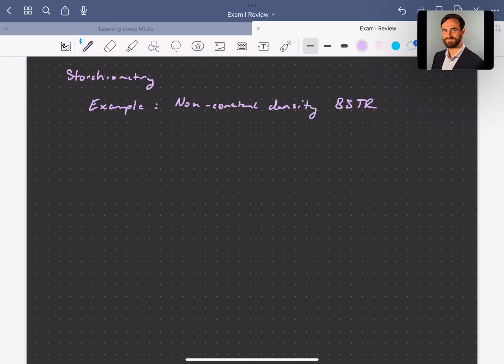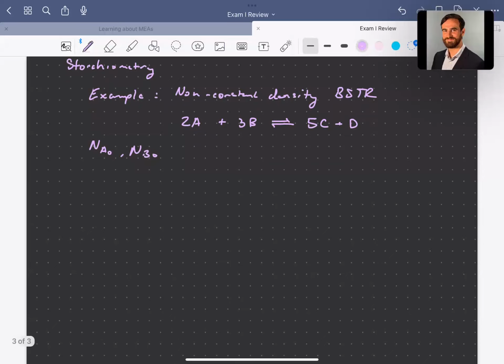So let's say we have this reaction 2A plus 3B reversibly going to 5C plus D. And it's fed with some inlet concentration or inlet number of moles initially charged with A and B. Okay, so we can write a stoichiometric table here using A as a basis.